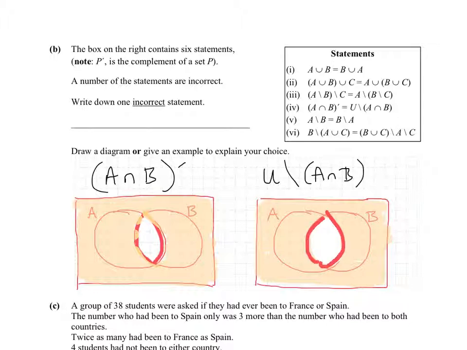And as you can see, those two statements are equal to each other, so it's equal. Along with the first one and the second one, they're all correct. And the only one we found to be incorrect is the third one. So far, anyway.